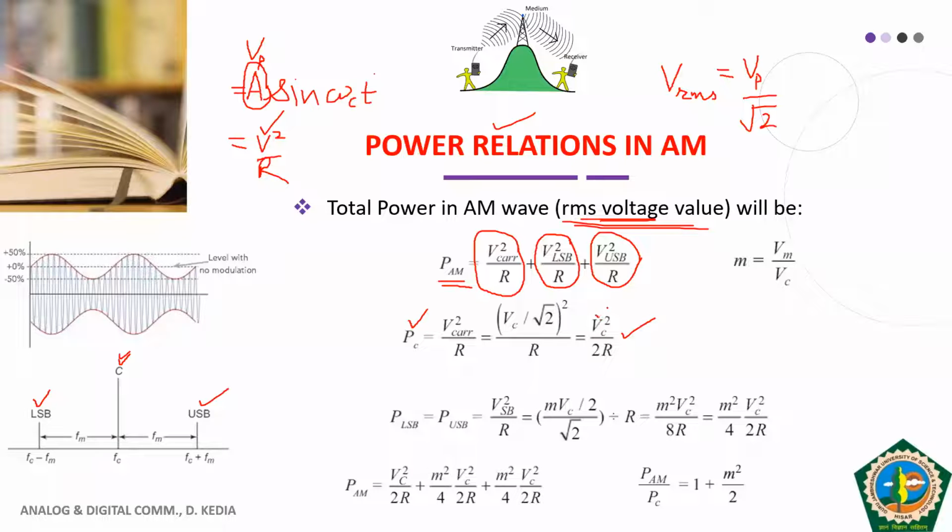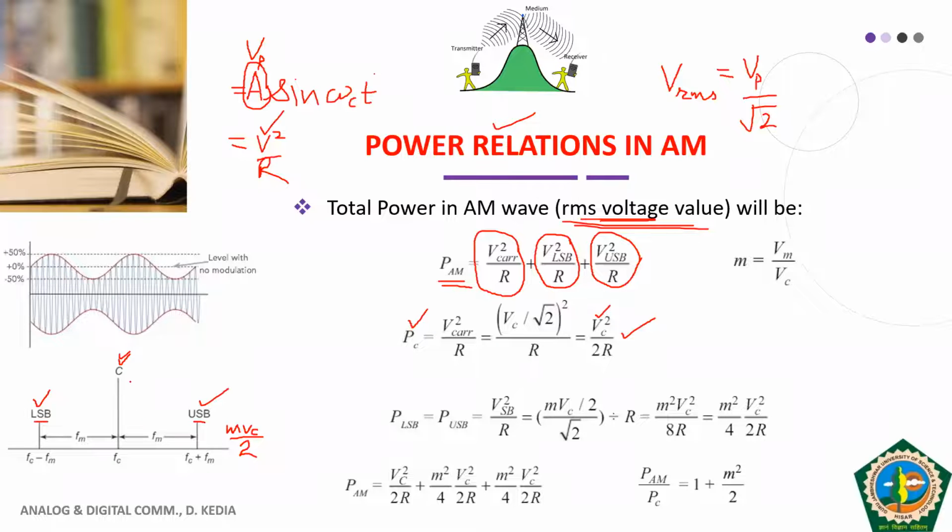Now this VC is your peak voltage of the carrier. Okay. Similarly, we have two sidebands. How much is the amplitude of the two sidebands? The amplitude of both the sideband components is the same, equal to MVC by 2.